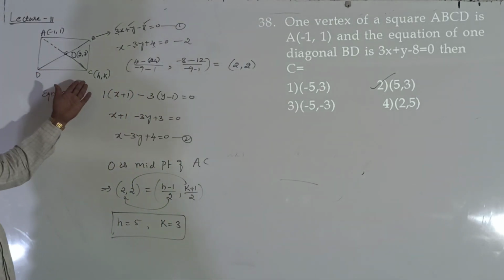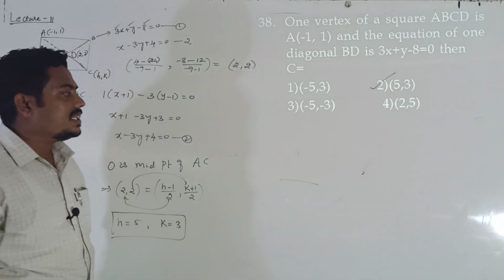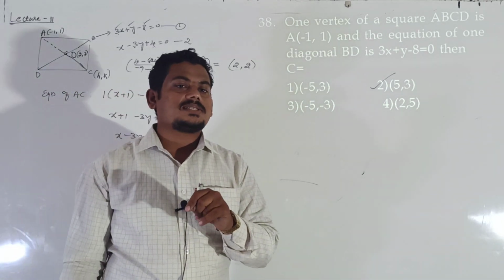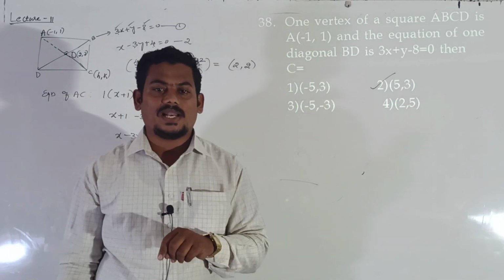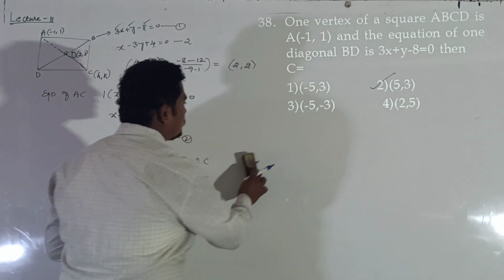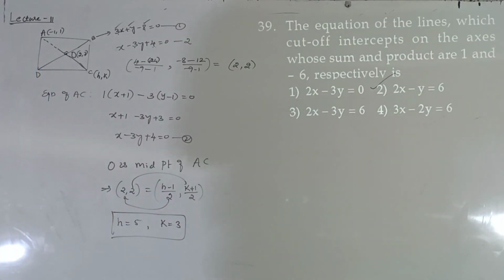So by using the midpoint concept, we get vertex C, that is 5 comma 3. And remember students, level 2 problems are somewhat difficult as compared to level 1 multi concept problems, right? Next question.